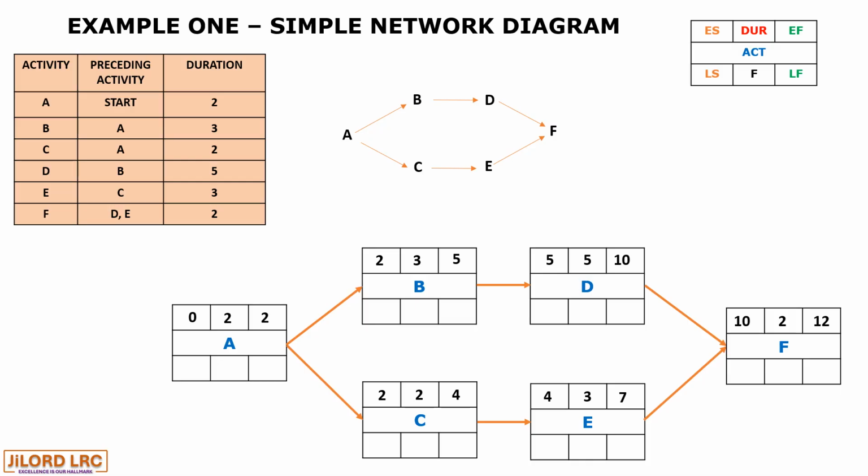Now, at this point, the early finish becomes the late finish in starting the backward pass. So we have 12 as the late finish or latest finish for activity F. And in order to get the latest start, you subtract the duration from the latest finish value, giving us 10.